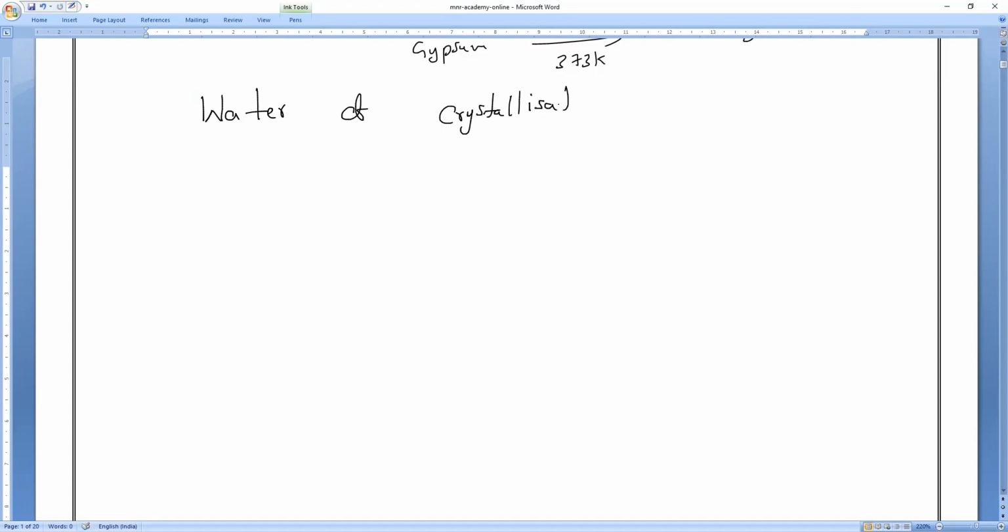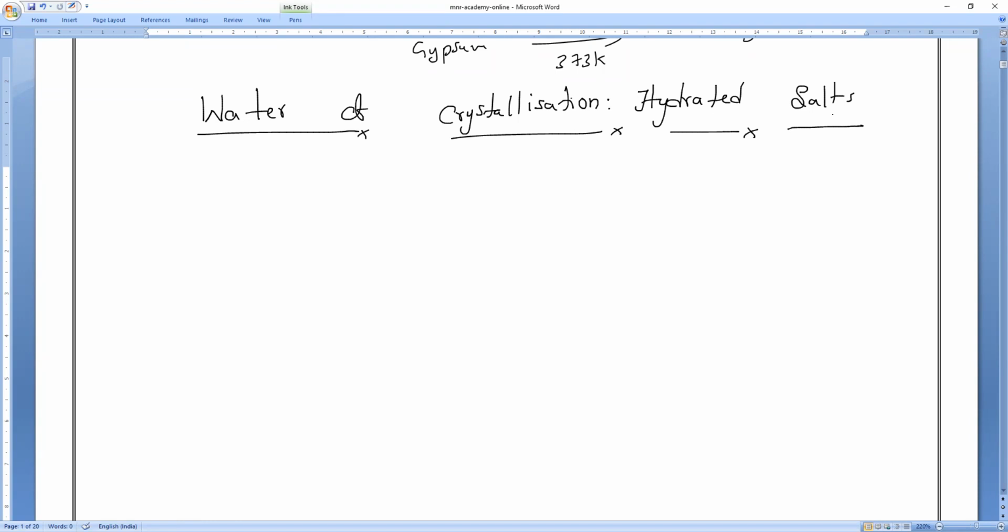Water of crystallization. Wherever you find it, those are called hydrated salts. What do we call them, everybody? Hydrated salts. Clear? If you notice, salts containing these water molecules do not appear to be wet. They appear to be dry, but these water molecules actually play a very important part in their crystal structure.